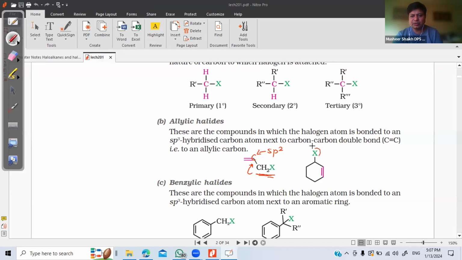Similarly, here, the halogen is connected with the carbon, but further it is connected to another carbon which is sp2 hybridized. This is an allyl system.